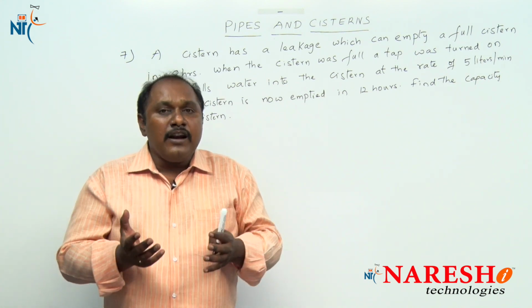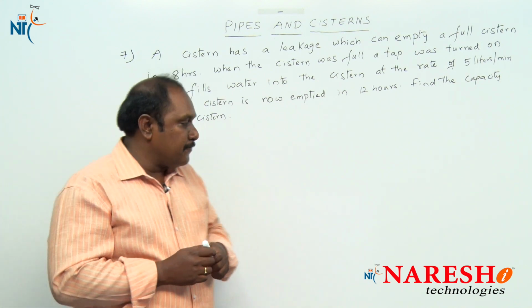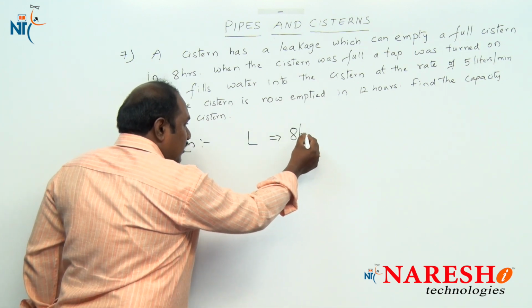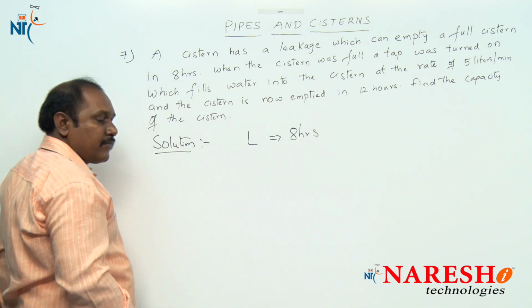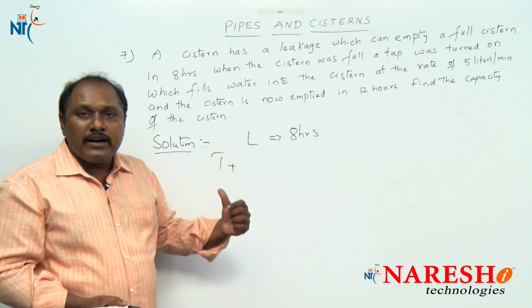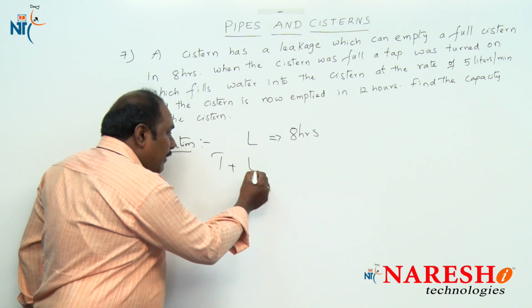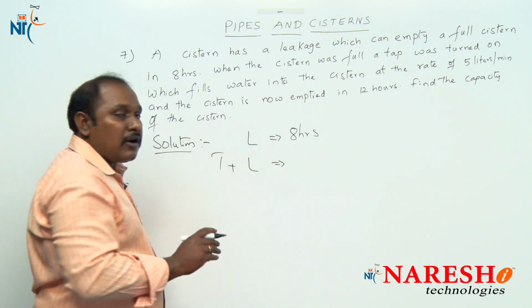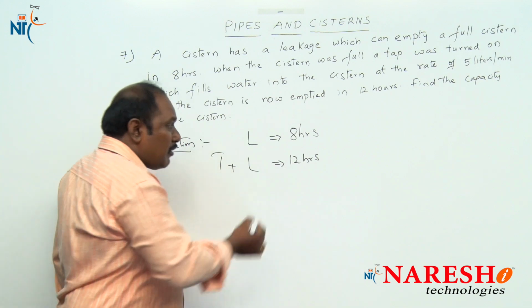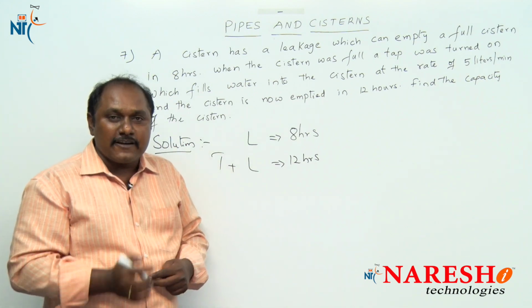Now the alternate method to tell the answer for this. Leakage actually can empty the tank in 8 hours. But when the tap and leakage together are opened, it takes 12 hours to empty. Now in this problem, the work is to empty the tank.